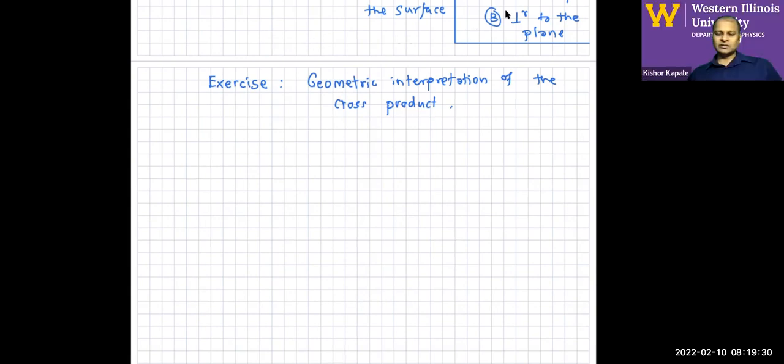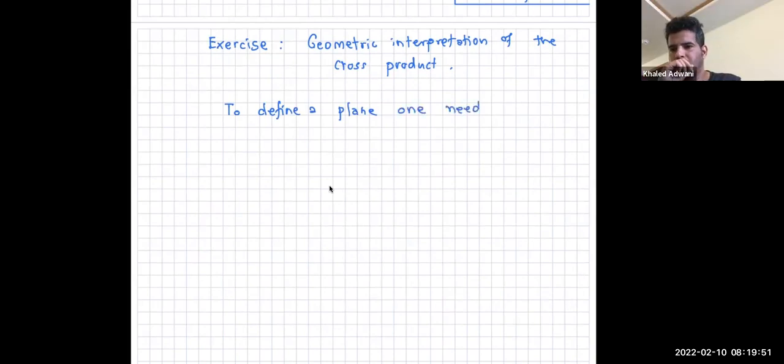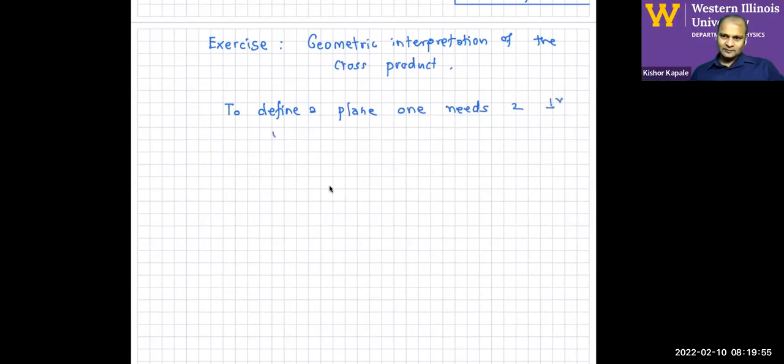in simple terms, which is possible, right? So I will just draw maybe a couple of diagrams here. To define a plane, you need two vectors, right? Everybody agrees with that? Two perpendicular vectors.